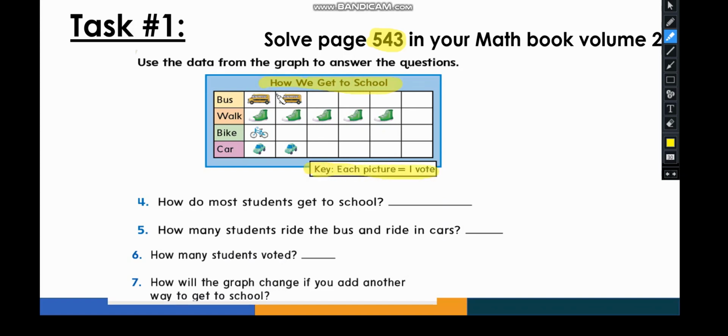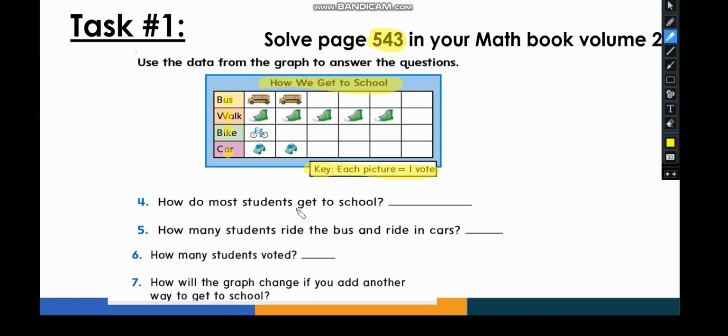Yes, read it now. How can we go to school? By bus, walk, bike or car. Each picture equals 1 vote. Bus, see how many. Walk, how many. Bike, how many. Car, how many. Then please read this one by one. Focus on it. I will read one time, then you have to read and answer alone in your book.